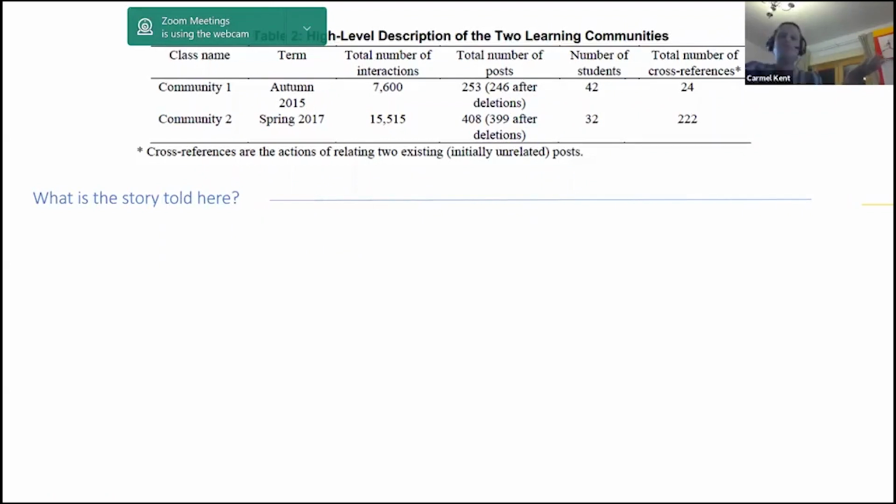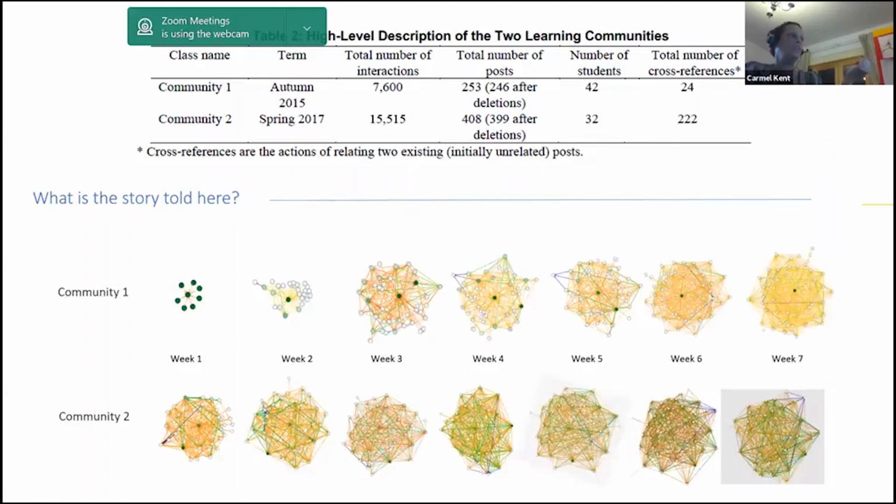So what is the story that we can learn from these high-level statistics? When we add this view, here you can see the week by week networks of interactions between the students, and you can also see the instructor, where in Community 1, he's very, very well emphasized in the middle of the network, less so in Community 2.